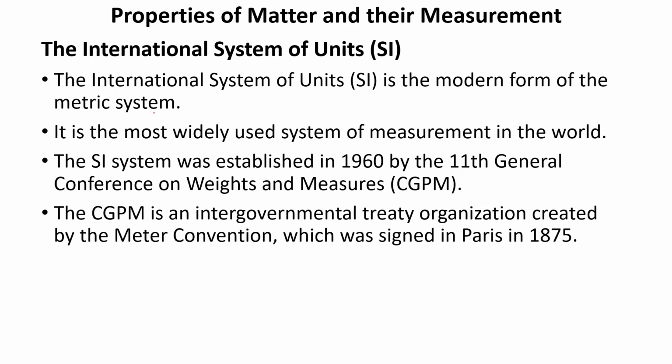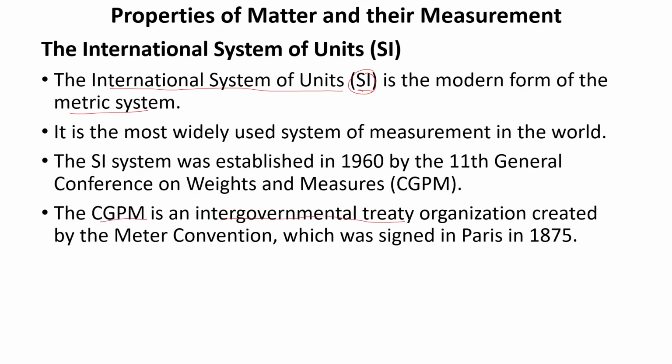Okay. The system which exists in today's world is the International System of Units, or the SI units in short. We will use this SI term for the rest of our lecture. So this is the modern form of the metric system, and it was created with signing a treaty with CGPM, an intergovernmental treaty organization.